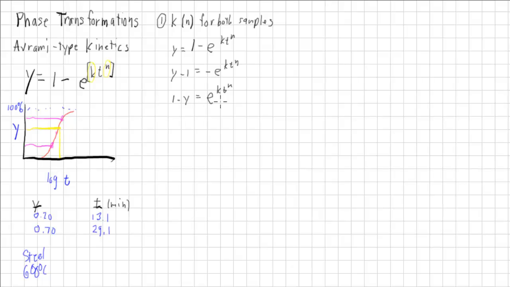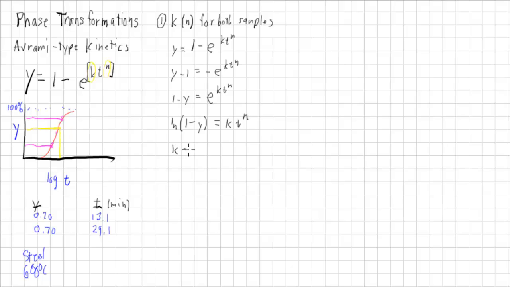And then I'm going to take the natural log of both sides. That'll get rid of the e. So the natural log of 1 minus y equals just k t to the n. So we've almost got k here. And now I have my expression for k.